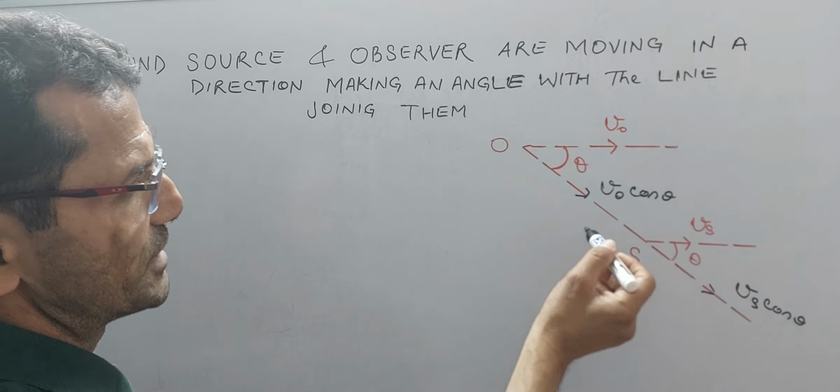Now V is the velocity of sound in air, V naught is the observer velocity, and Vs is the source velocity which is moving toward this one.